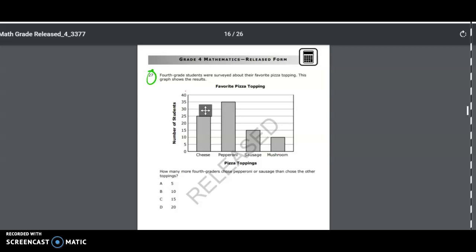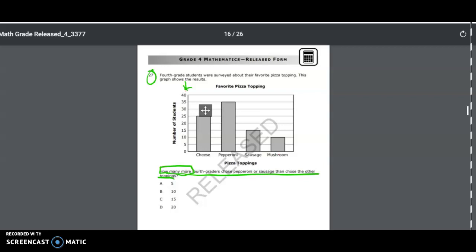Okay, so let's take a look. Let's go back and do our cubes on it. The important numbers are everything over here on this column, because that's telling us the total number of students. And the question: how many more fourth graders chose pepperoni or sausage than chose the other toppings?